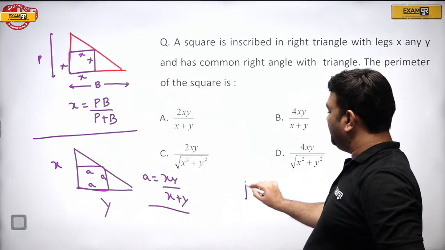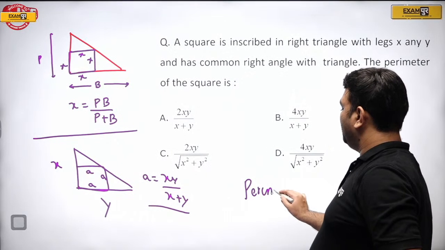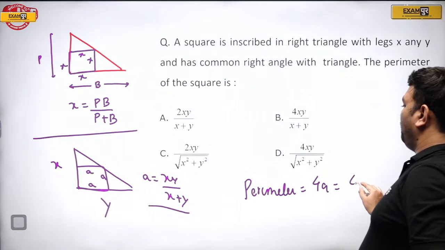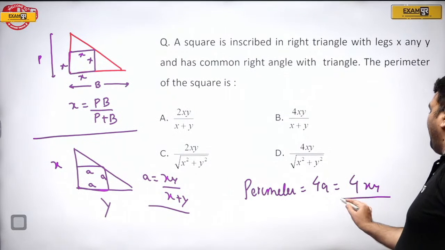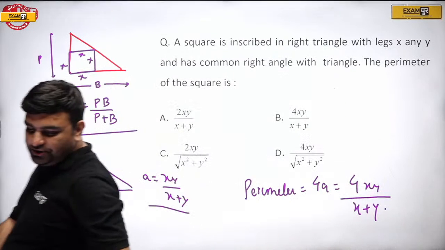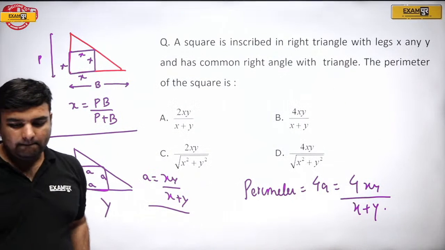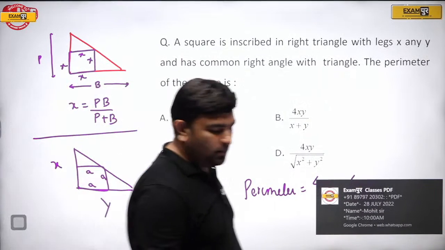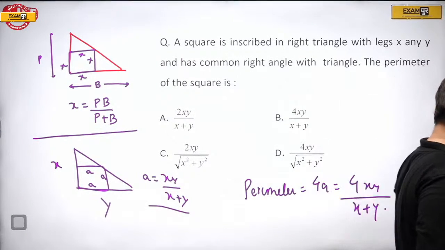So perimeter is going to be 4a, that is 4xy upon x plus y. Derivation required or not?